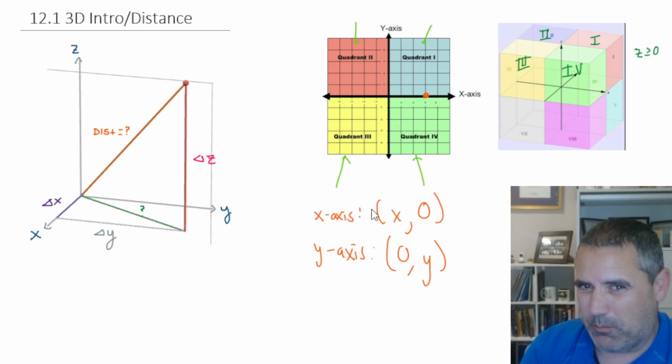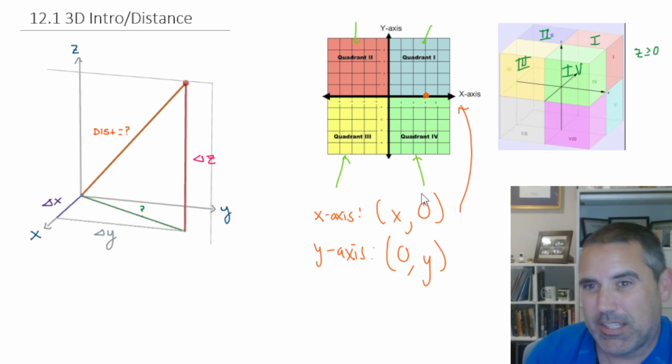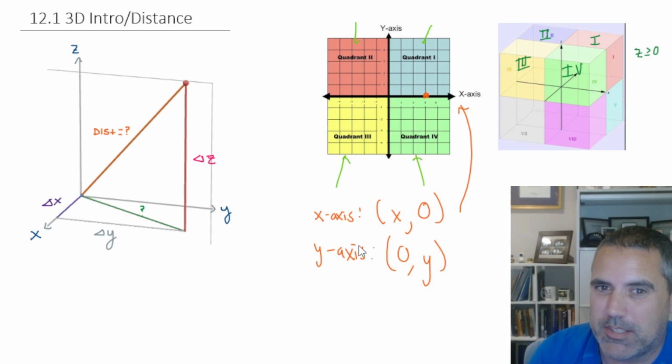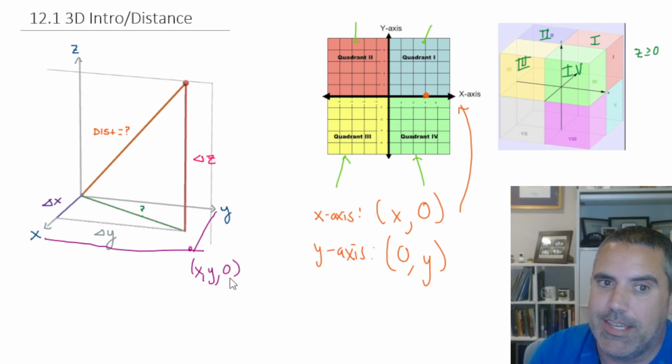As you move into 3D, I find that if you had discomfort with what is the x-axis, it gets worse in 3D. So you really have to think in terms of conditions. Okay, so briefly, the condition for what it means to be on the ground, to be on the xy plane, is that x and y can be anything you want, but z has to be 0.